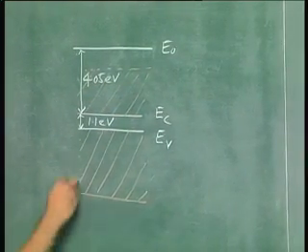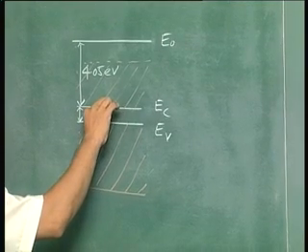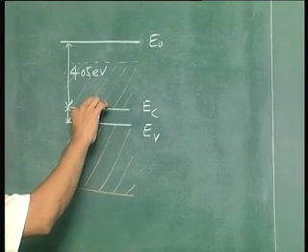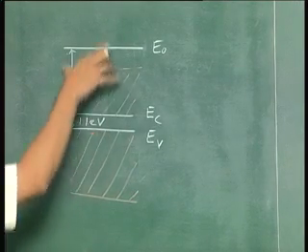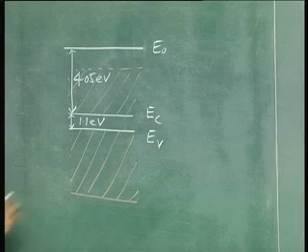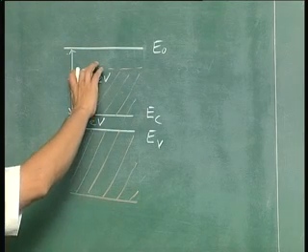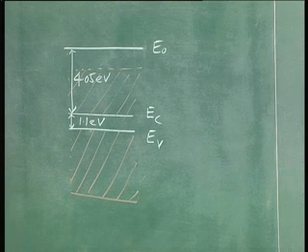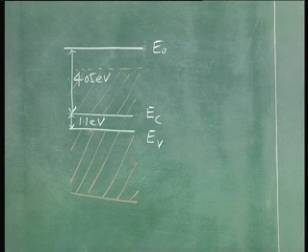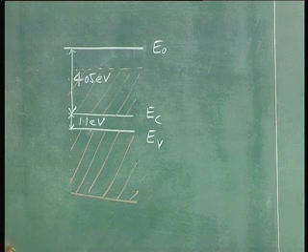So you see that the energy gap is really small as compared to the width of the band. This is how the diagram looks when you draw it to scale. So wide allowed energy bands separated by a very narrow energy gap.